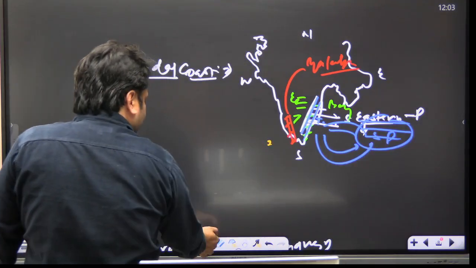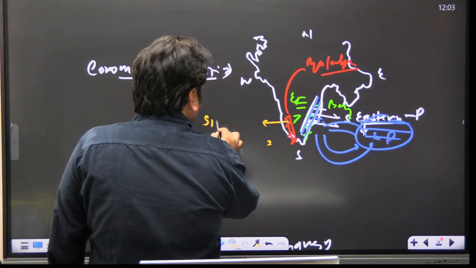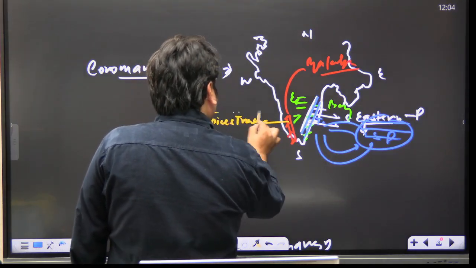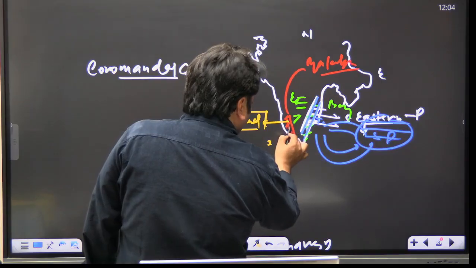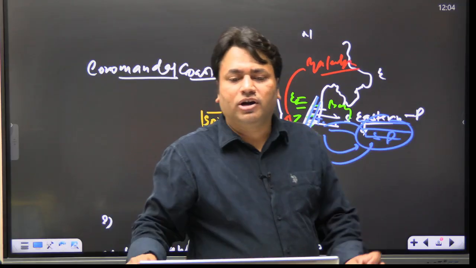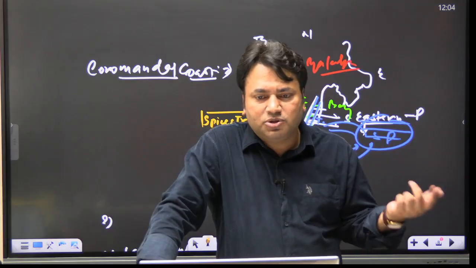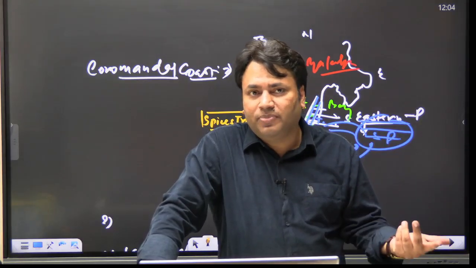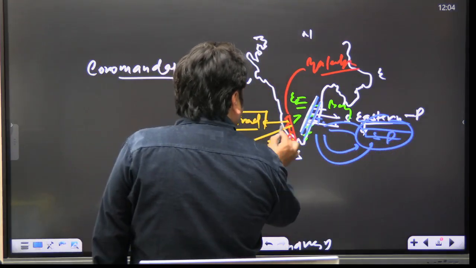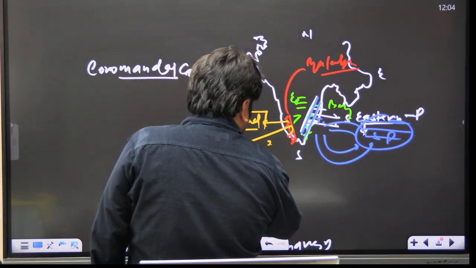So look here, the Malabar coast is important for the spices trade. Whatever centers we locate here, all those centers will be important for the spices trade. Popular among Arabs, popular among Romans, and Vasco da Gama reached the Malabar coast, Calicut, in 1498.